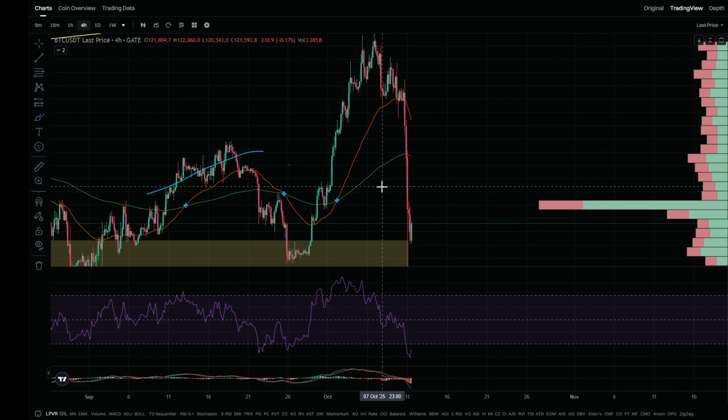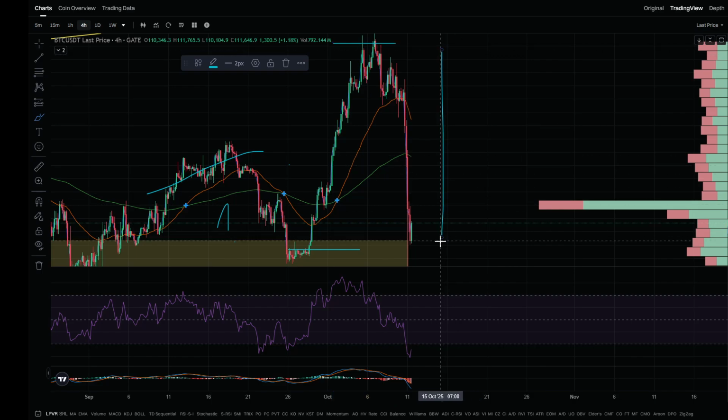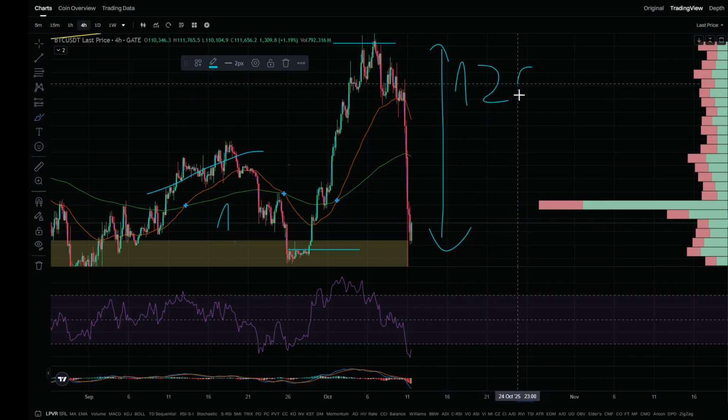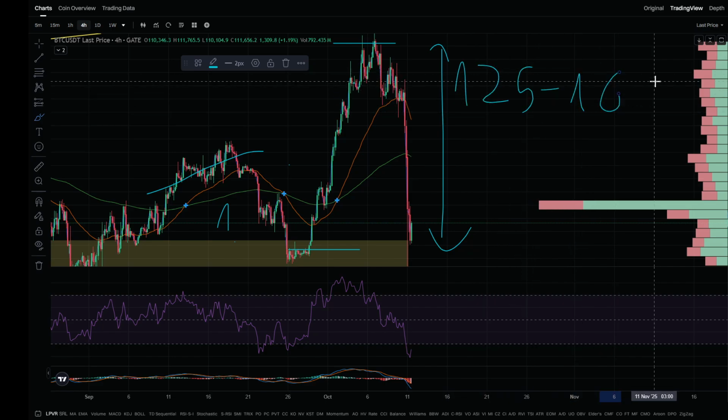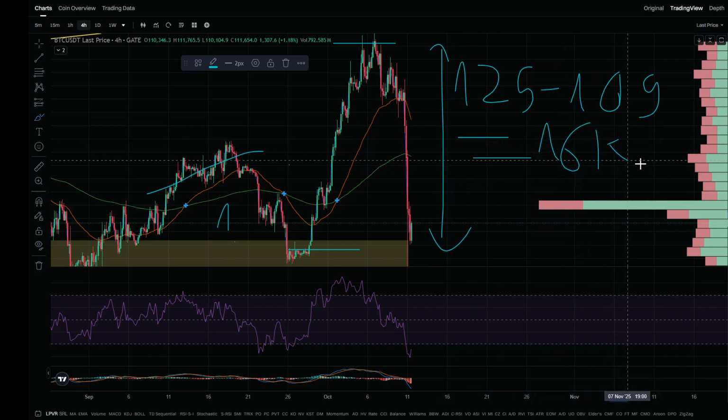Let's say I want to buy one Bitcoin in here. So in here, Bitcoin costs 109, and here it costs 125. Let's say that. So I effectively made how much? Maybe 125 minus 109, right? 16k.